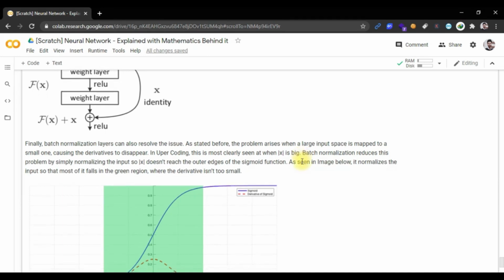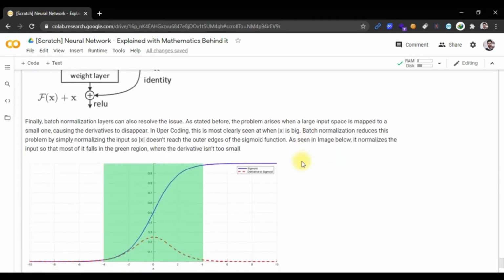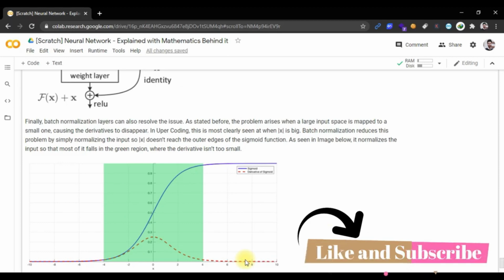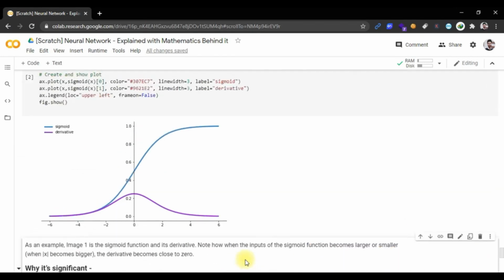We can make sure that the inputs fall only within this green region where the derivative is not too small. If the inputs go beyond this region, the derivative is so negligible that our neural network will face the vanishing gradient problem.